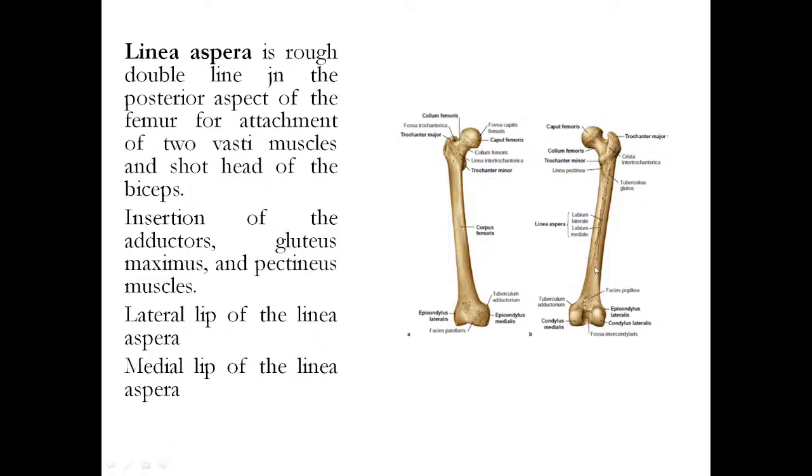Insertion of the adductor, gluteus maximus and pectineus muscles. Linea aspera includes the lateral lip and the medial lip of linea aspera. This is linea aspera.